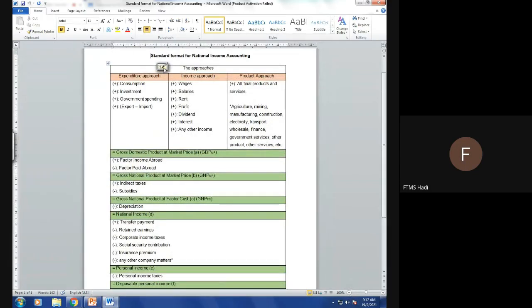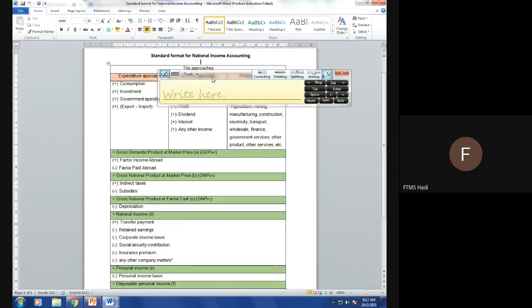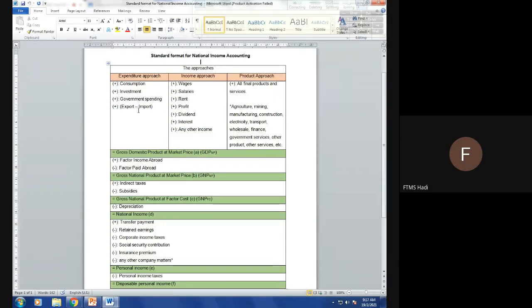Earlier we talked about the three approaches, which are expenditure approach, income approach, and product approach. Whereby expenditure, the national income is based on the spending by government and businesses.